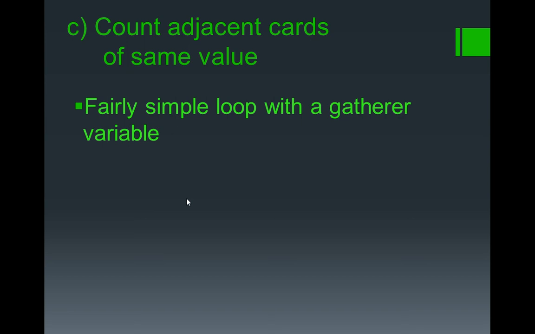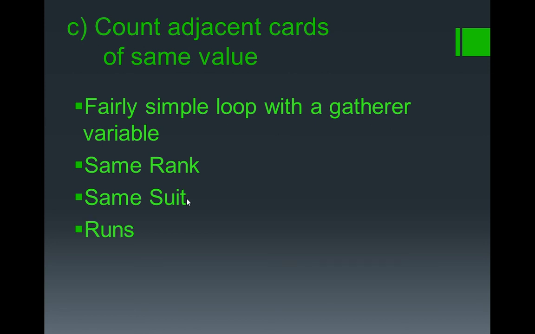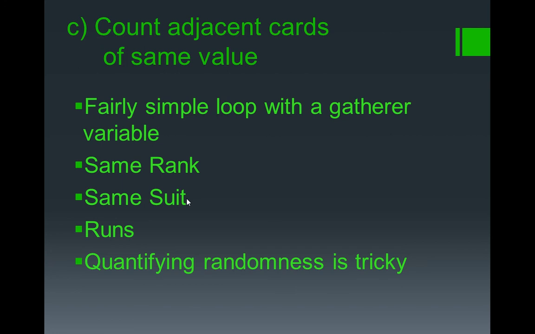You have a simple loop and use some kind of gather variable, and you just use your Boolean statements to see what you're gathering. It could be the same rank, so two 2s, for instance, like in the test deck, or maybe how many cards of the same suit you've got that are adjacent. You could look for runs. You could look for something else.